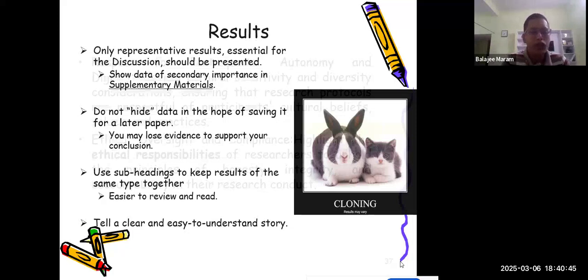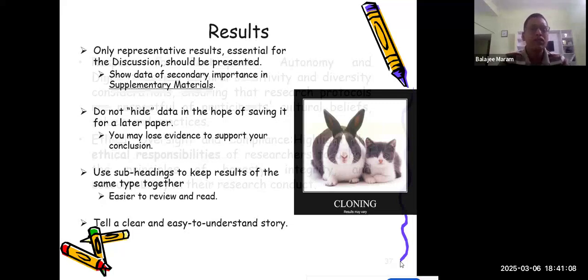And the third point, use subheadings to keep results of the same type together. It means subheadings. Okay? If everything is under a main heading, it is very difficult. Sometimes we need to divide the entire content into different parts, and the different parts may contain different side headings. Is it okay?